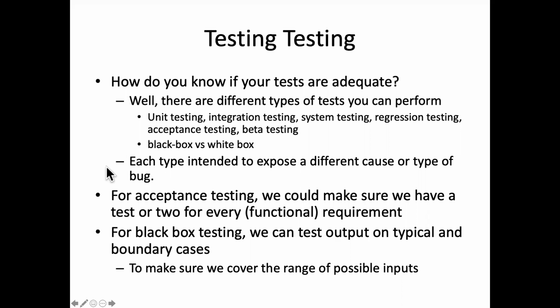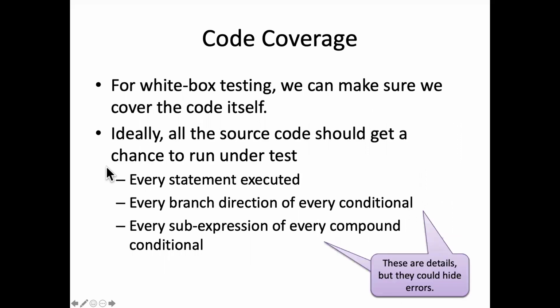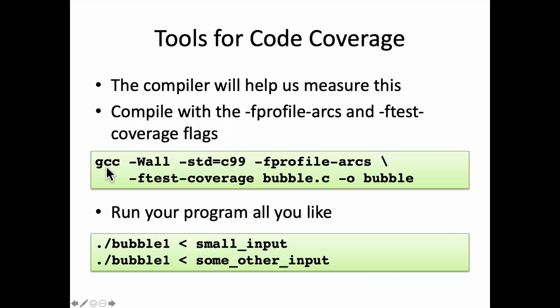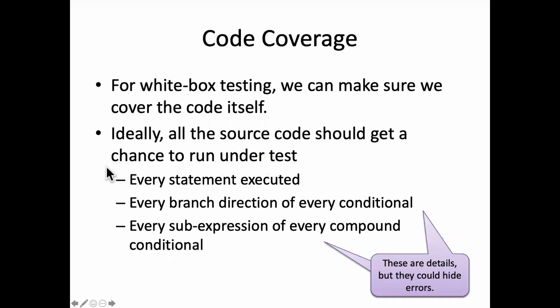And GCC supports metering of your code for measuring coverage. You just have to ask it for that. I'll go ahead and show you on my next slide. There are compile time options that tell GCC, when you're compiling this program, I want you to build in extra machine instructions, extra code to measure code coverage as I'm running it.